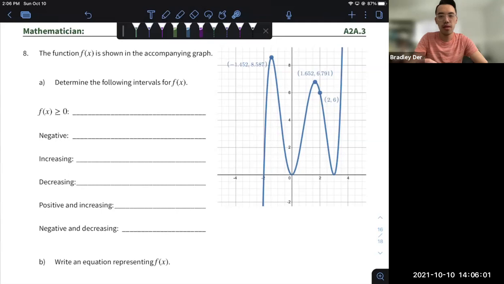All right, so at this point, I think you have unpaused. So let's go ahead and go over some of these intervals where f of x is greater than or equal to 0, right? Greater than or equal to. So all of this being greater than, right? The curve is above the axis. Same story over here. And same after we get past this intercept.